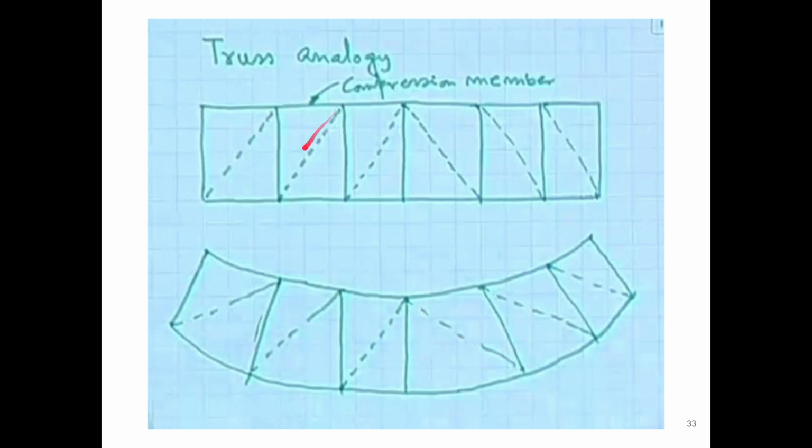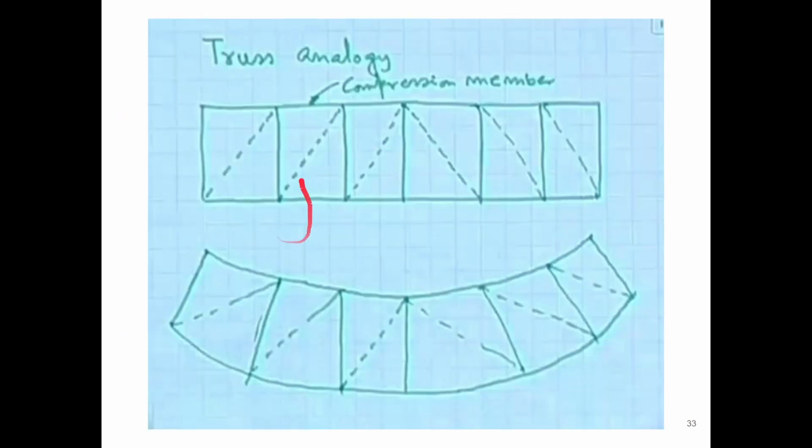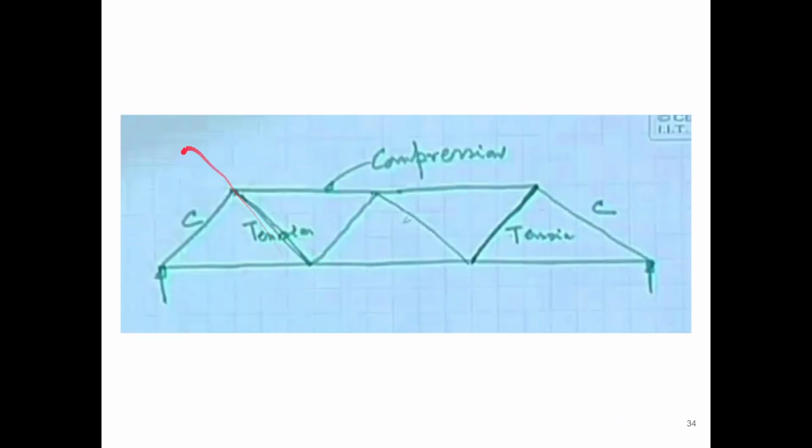But if this diagonal is in this direction, then it will behave in tension, as you can see here, because it will try to elongate. So there is a variation: one diagonal or section will behave in tension, another in compression, depending on the load and the criteria.